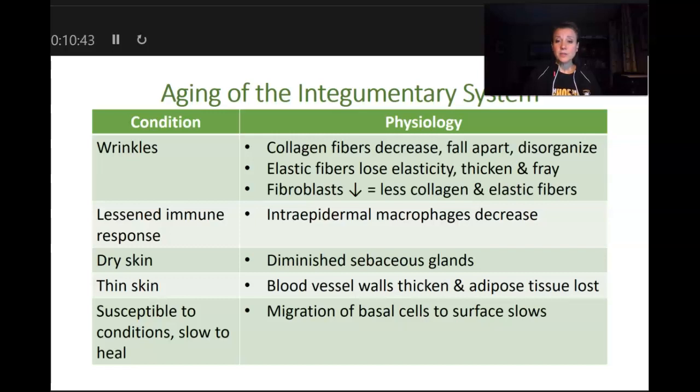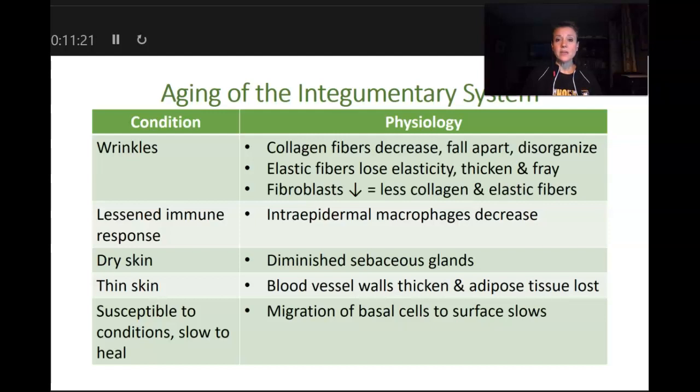And the skin appears to be almost translucent, where you can see the different blood vessels much more clearly. And this is because the walls of the blood vessels thicken, and because adipose tissue that's found in the subcutaneous layer becomes lost. And so you're missing the padding that's found underneath the dermis as you get older, and so you're able to see a little bit more of the structures that lie below it.